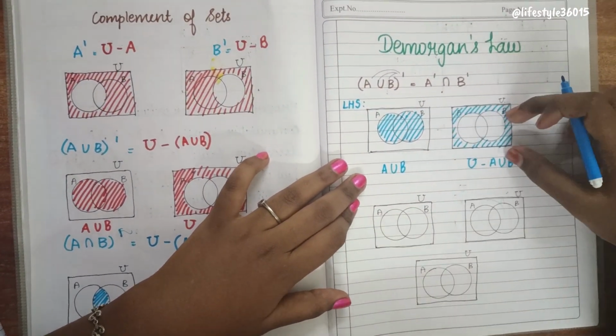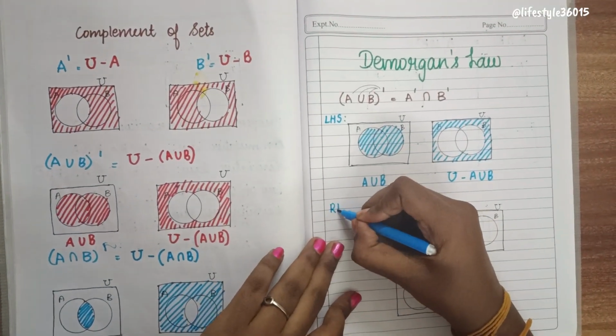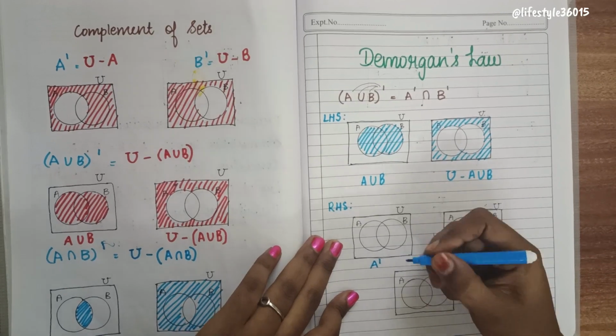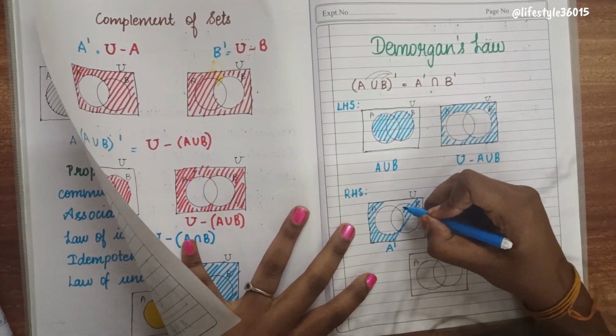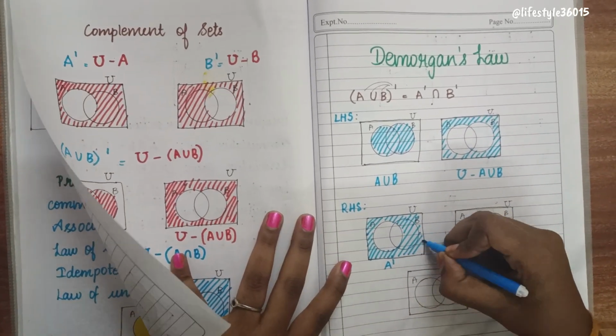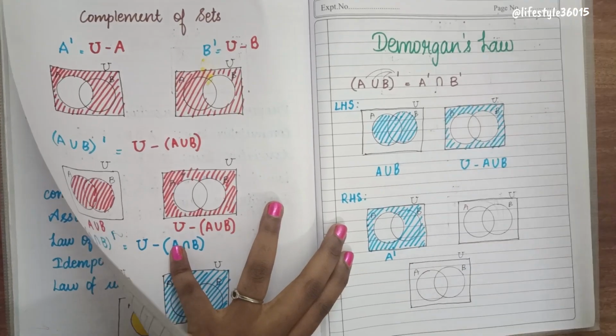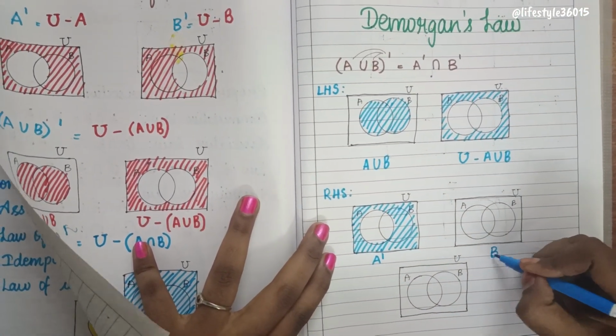So this is the diagram for A union B, the whole dash. Now we will do the RHS. What is A dash? The region except set A is A dash, right? Universal set minus set A is A dash. This is how we draw A dash. Now we are going to draw B dash.